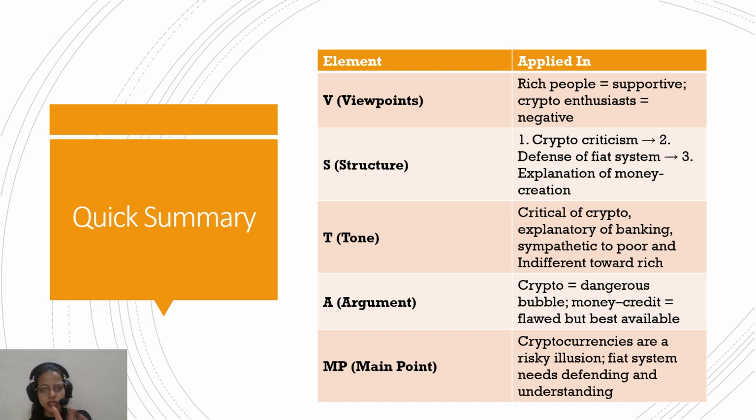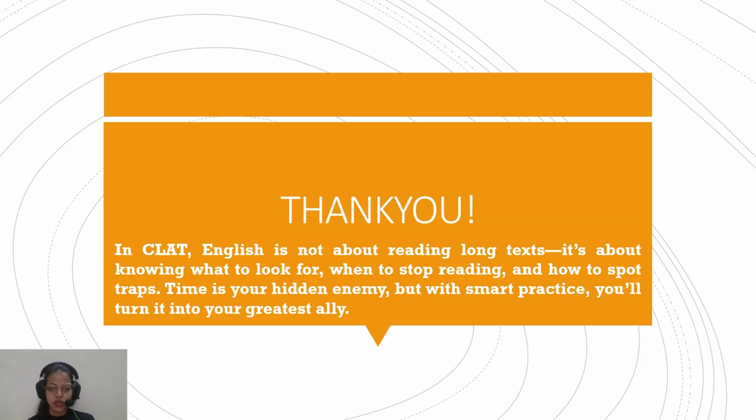The fiat system, that is the current physical money system, needs defending and understanding. So when you are reading the whole passage, you have to have these broad ideas stamped in your mind, so that when you reach the question, you already have a picture of the passage. So those are the two passages that we were to attempt in today's lecture.